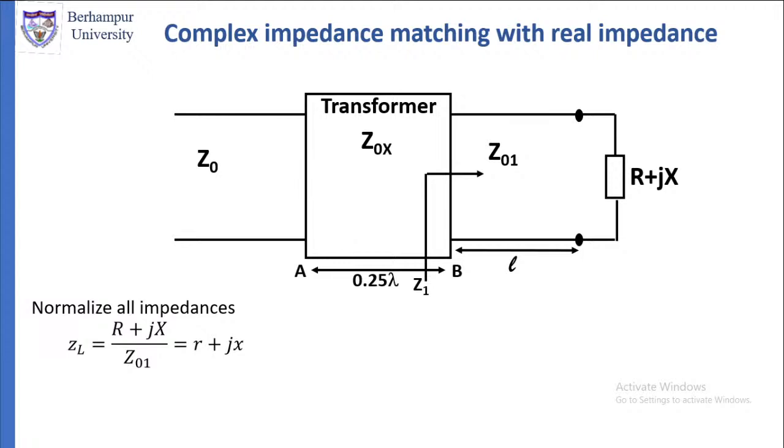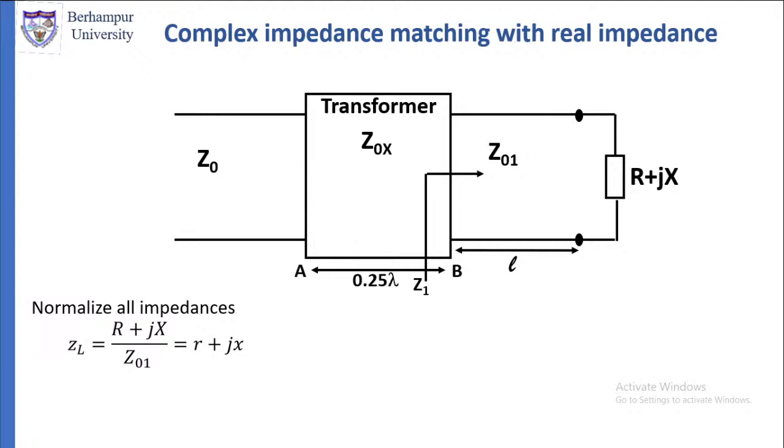Is it possible? We know that if X is equal to 0, we can use a quarter wave transformer, which is a transmission line section of length lambda by 4 with characteristic impedance Z0X equal to root over R into Z0.